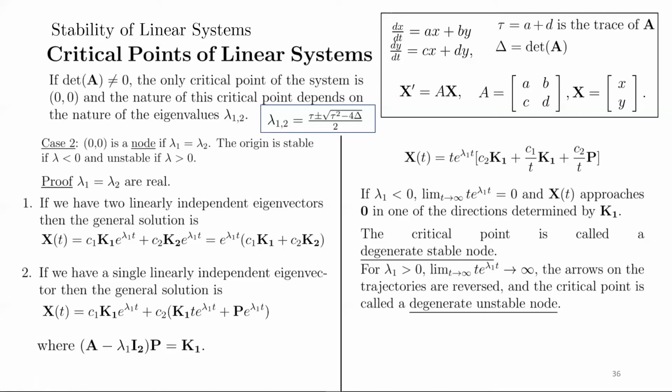So the key point here is that if we have repeated eigenvalues, the critical point at the origin is stable if lambda is less than 0, so if the eigenvalue is negative, and unstable if lambda is greater than 0. And if we have a repeated eigenvalue, we add this word degenerate in front of the stable node and unstable node. So degenerate stable, degenerate unstable node.